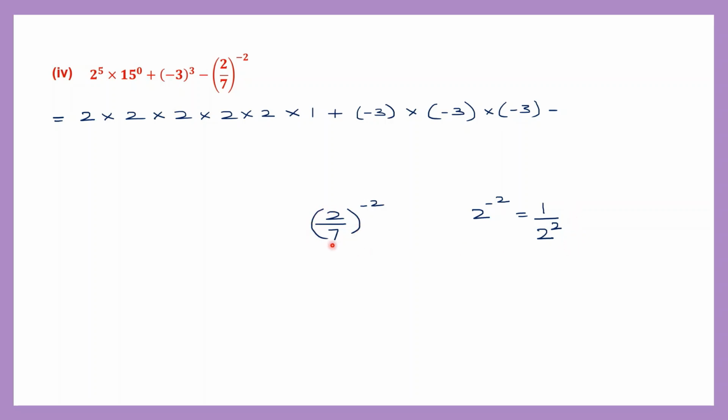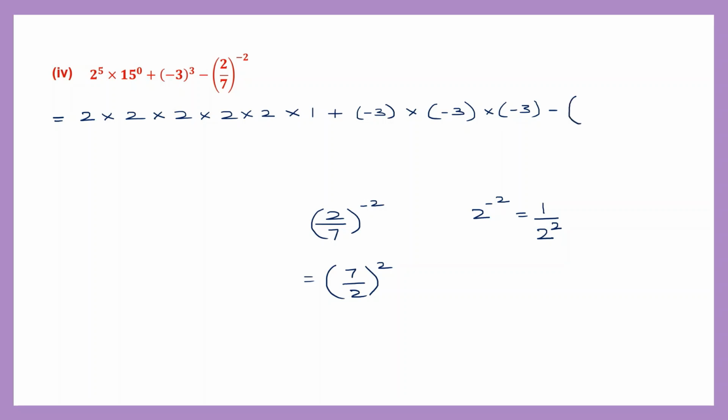But here we have a fraction. So when you have a fraction and a negative power, you write the reciprocal of this and make the power positive. That is, 2 by 7 will now become 7 by 2, and the power will now become positive because I've written the reciprocal. So here let's write that.